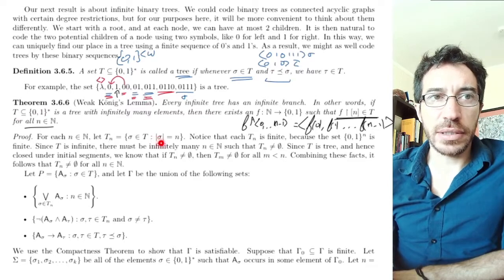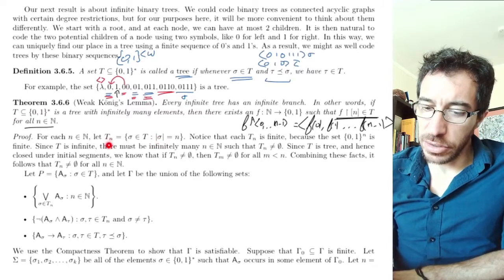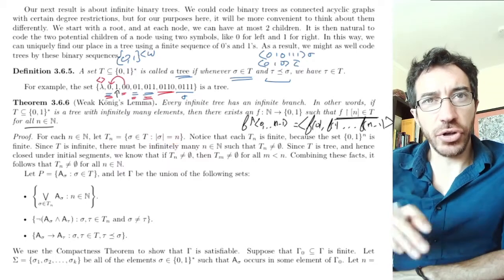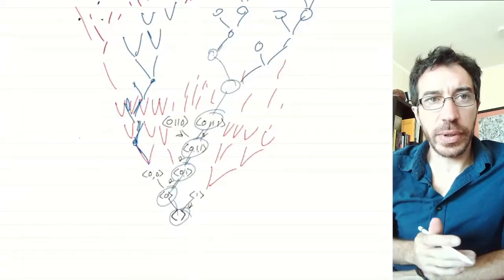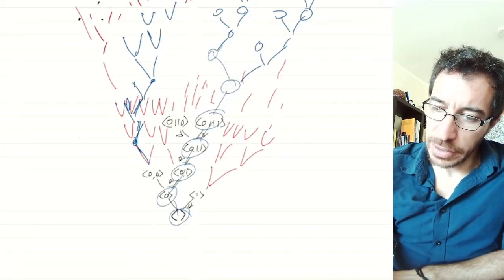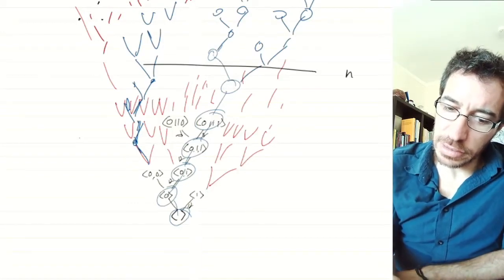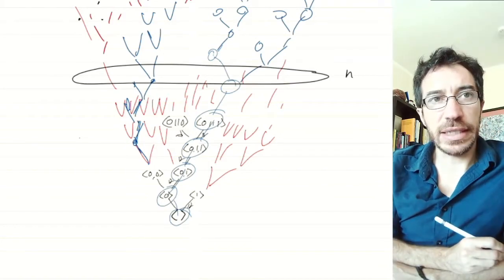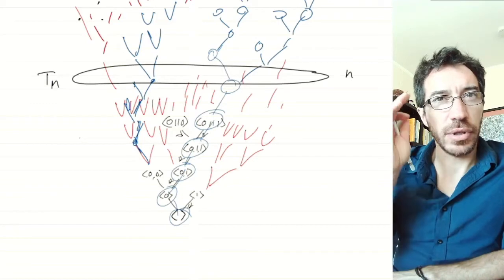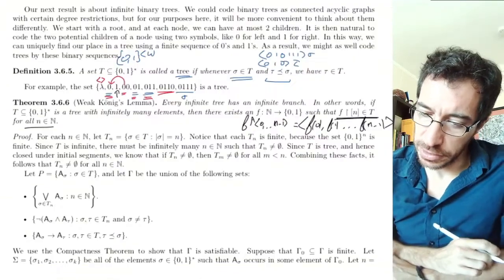So Tn means all the sigmas that have length n. So think about what it means: it means all the ones that have a certain length. Okay, so those are Tn. So draw the picture and think what these things are.